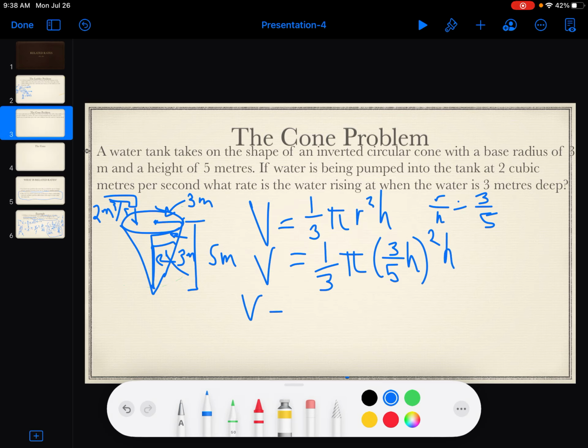Next, well, let's clean this up. 1 over 3 pi. We got 9 over 25 H cubed. So there we go. And now we're just going to clean this up a little more.